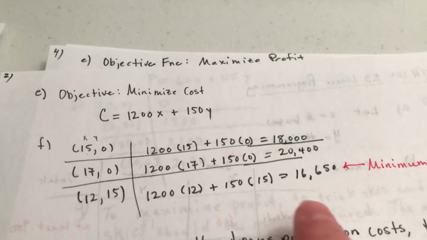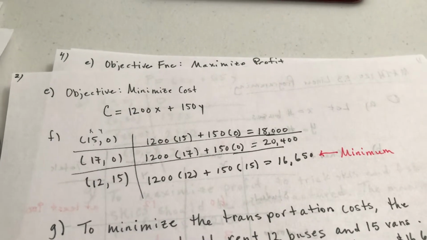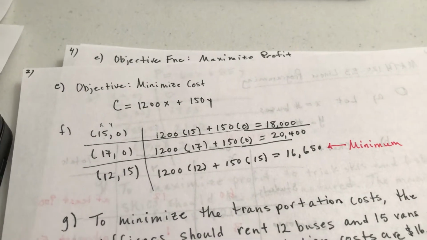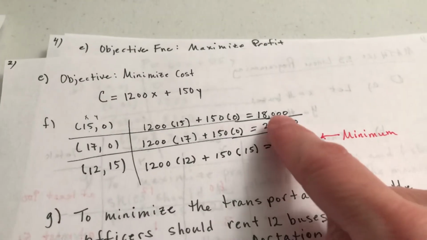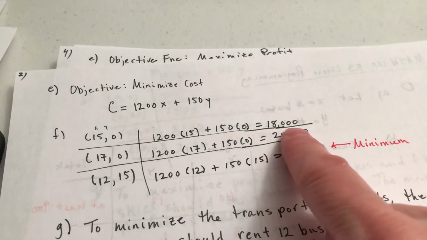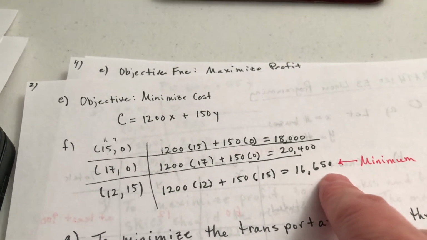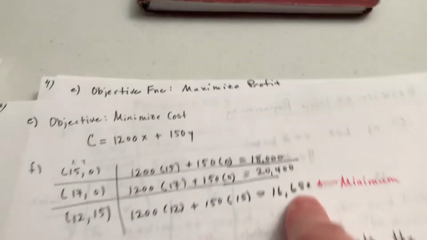Put 12, 15, and I got 16,650. You can pause this and make sure you get the same answers. And what we do is we look at these values and we see that this is the lowest, this one's the highest, the 20,400, but this one's the lowest, the 16,650. We're trying to minimize our costs.